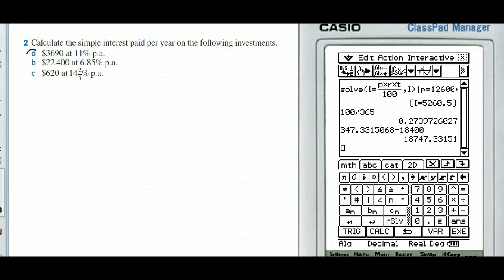We're going to do questions A and C. Alright, for A, we need to put in this amount. That's the principal amount of money, and this is the interest per annum, interest per year. So we need to put that into our equation.